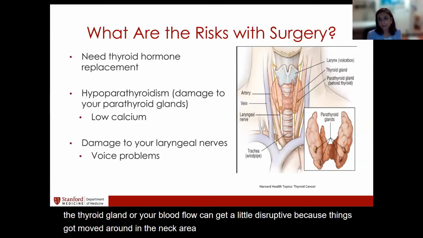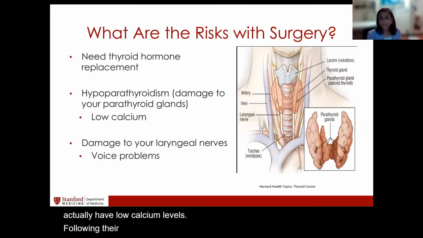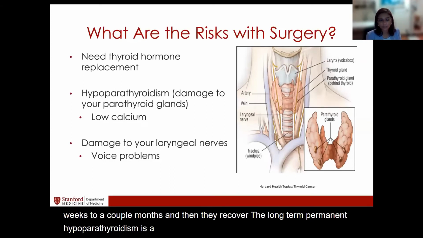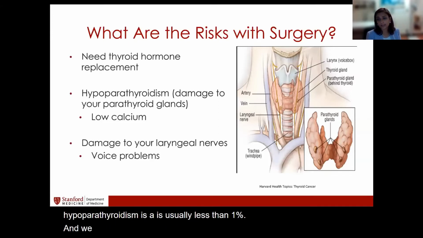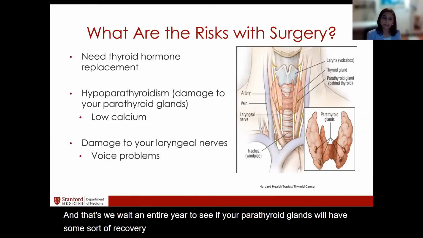So up to 10% of people can have low calcium levels following their surgery. Thankfully, it tends to be short term, usually a couple weeks to a couple months, and then they recover. Long-term permanent hypoparathyroidism is usually less than 1%. We wait an entire year to see if your parathyroid glands will recover before we consider you to have permanent hypoparathyroidism.